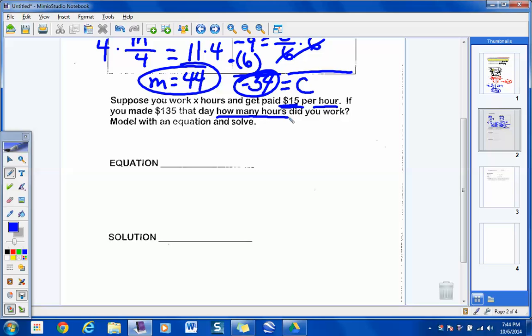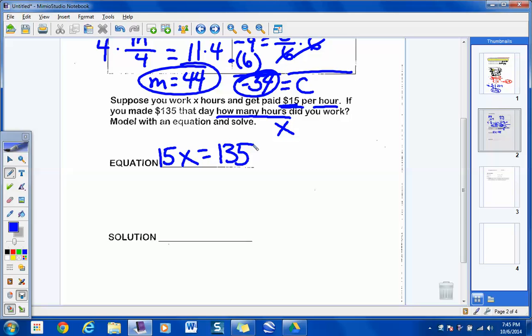We don't know that. That's our unknown, so I'm going to call that x. So what I'm going to say right here is this. For every hour I work, which is x, we earn $15 times the number of hours worked. So that 15 times x is going to represent our pay over x hours at a rate of $15 per hour. By the end of the day, we're going to come up with a total value of 135. Okay? So the model part is right there.